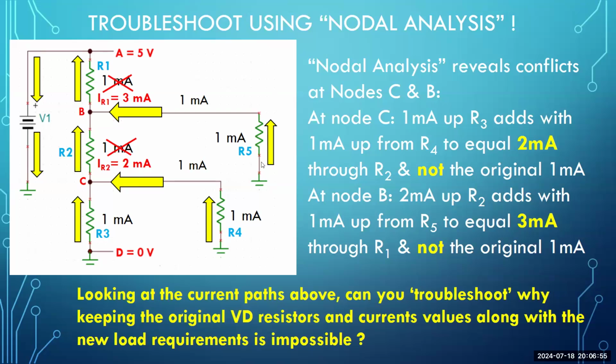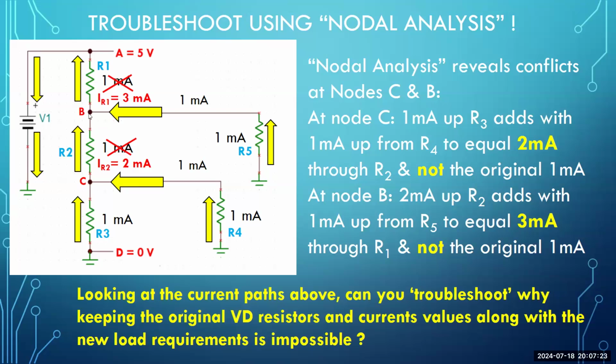We also have an inbound 1 milliamp, which was required through design parameter. So 1 milliamp flows up through R5, flows into this wire, and comes into node B. So you have two inbound currents going into node B. One of those currents is 2 milliamps, the other one is 1 milliamp. Well, according to nodal analysis, what's nodal analysis say?